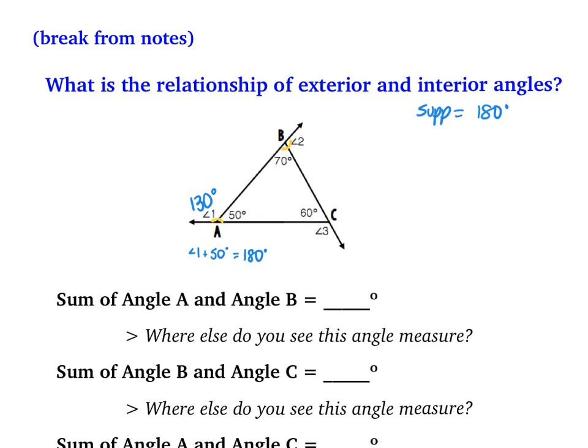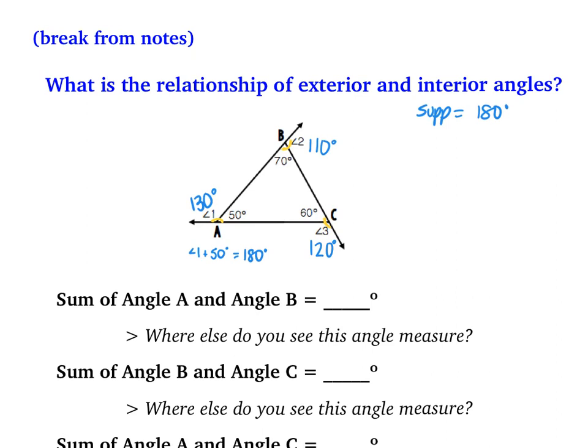So looking here at angle B, I know that angle 2 and 70 degrees have to equal 180, which makes angle 2 110 degrees. And then finally, 60 degrees and angle 3 would equal 180, so that tells me that angle 3 is 120 degrees.